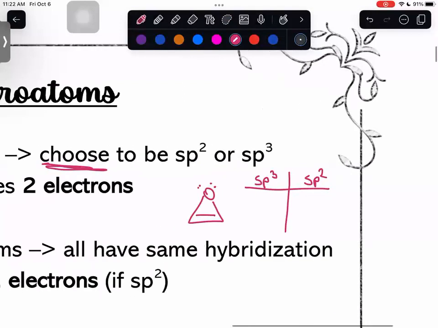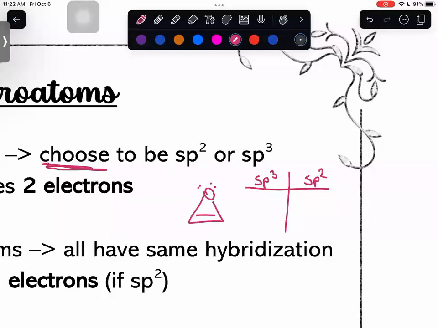What happens if that oxygen chooses to be sp3? Let's assume that oxygen has chosen to be sp3.